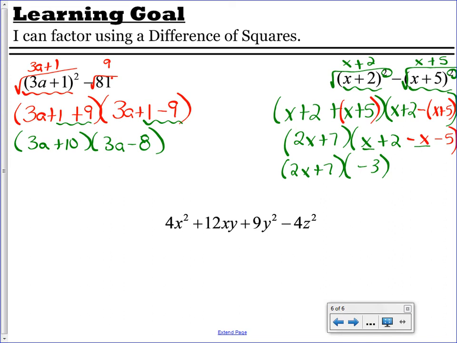I'm kind of skipping that step of grouping the like terms together. If you have to do that, that's okay. Now, how would I rewrite this? Negative 3 times 2x plus 7. Those are application type questions where you have to simplify all the way through. Does anyone have any questions about that?